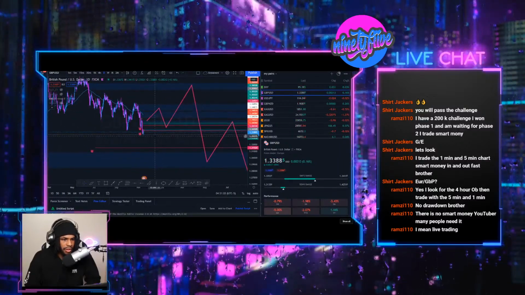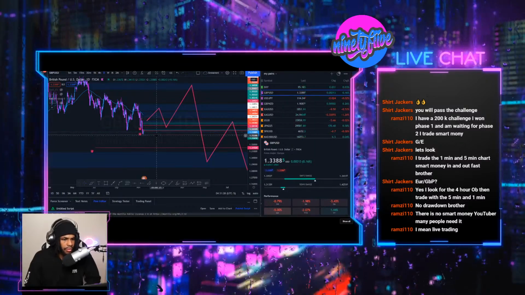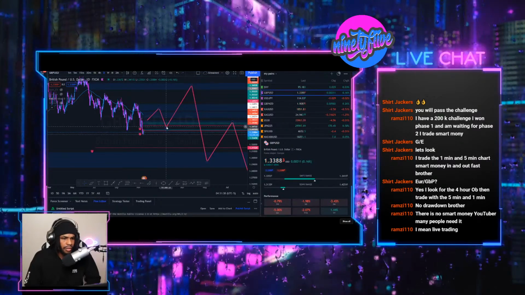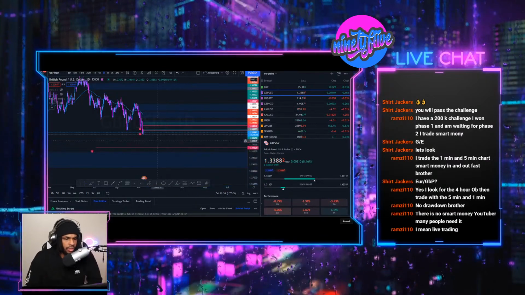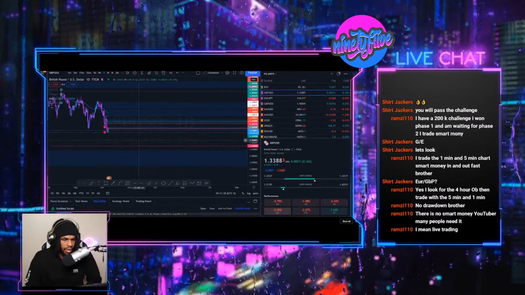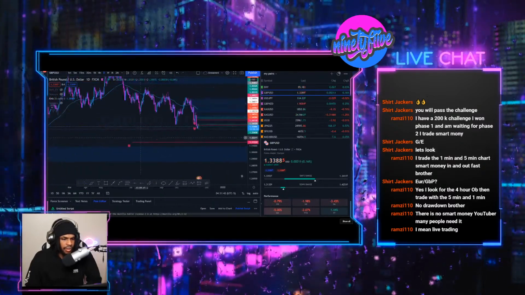Yeah, my projection on this was very, very wrong. I was looking for it to make its way up and then down, but it looks like it's heading straight down for this area.